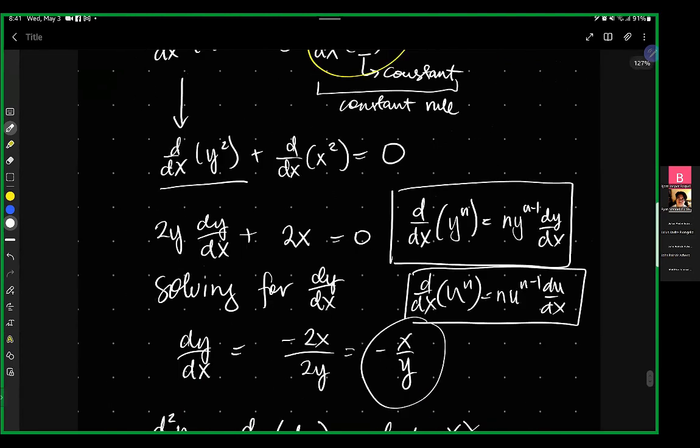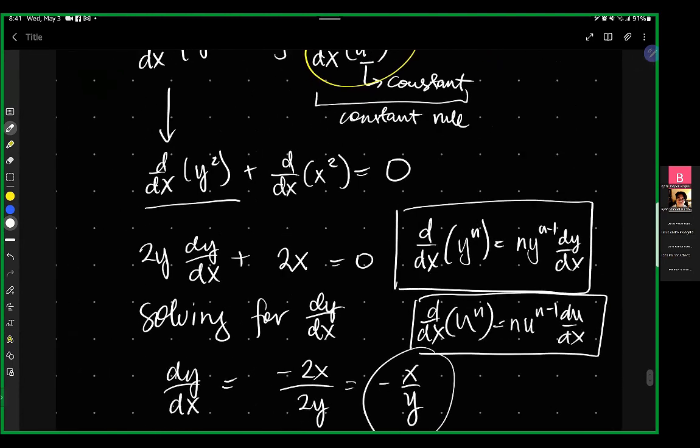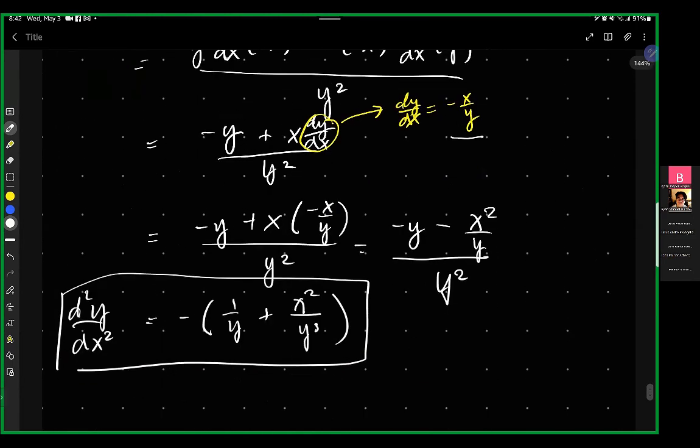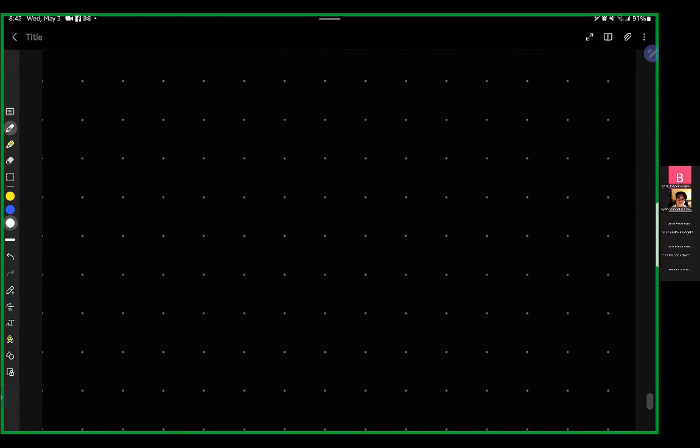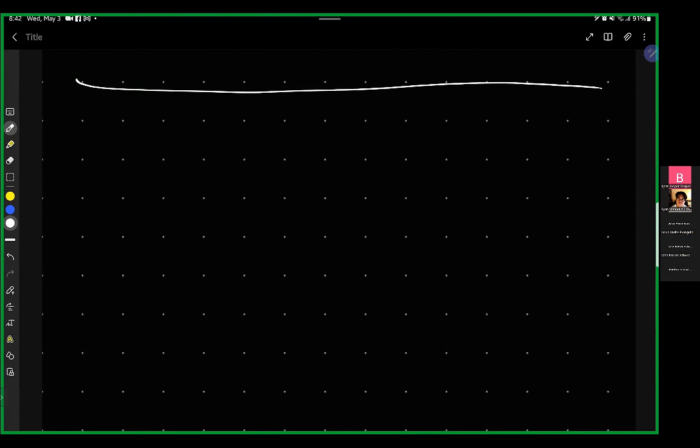Okay, so I hope you are clearer again regarding implicit differentiation. So if you have any questions regarding that, you may ask me. But for now, we'll proceed with the next topic. So let me brush you up again regarding the topics we have discussed.